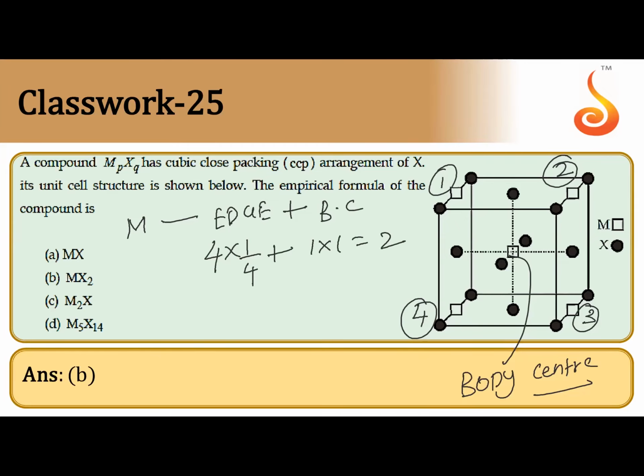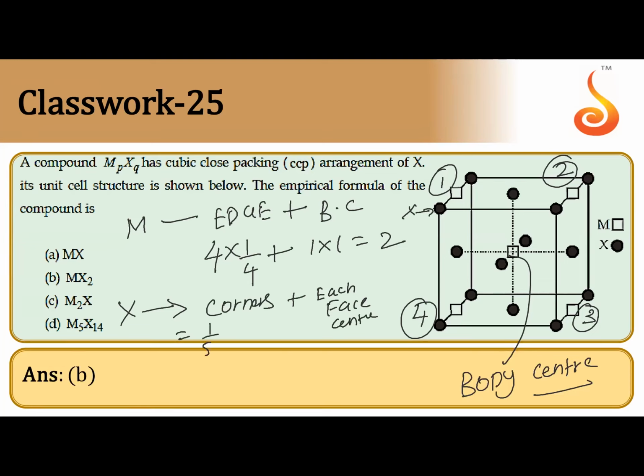You have calculated M. Next come to atom X. This is your atom X, dark colored. X is available in corners, and X is available in each face center. Observe it, you will come to know.